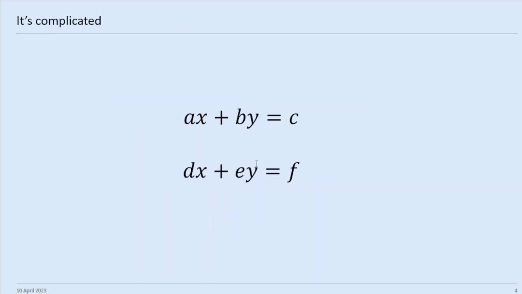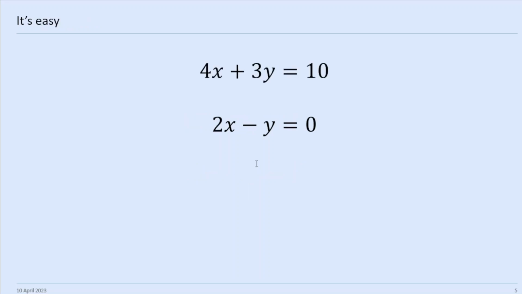So let's go back to simultaneous equations. In simultaneous equations, we've got two unknowns, x and y, then two constraints, the two equations, and those two constraints allow us to define the two unknowns. For instance, in this example, 4x plus 3y equals 10, 2x minus y equals 0.